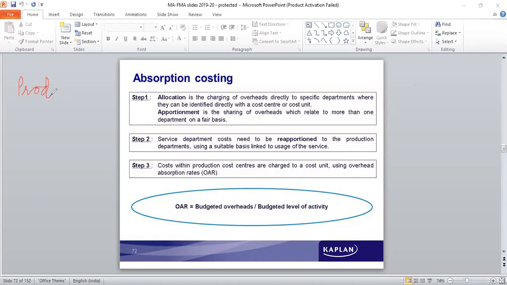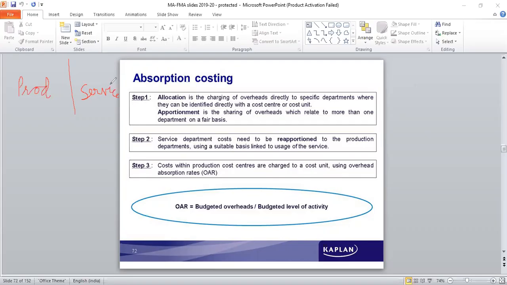There are workers working in work which is not production activity. They are also paid wages, but their wages are called indirect labor. So here there are 2 different types of departments. One is the production department, another is the service department. In the production department, the work carried on is to produce the products: simple conversion of raw material to finished goods.